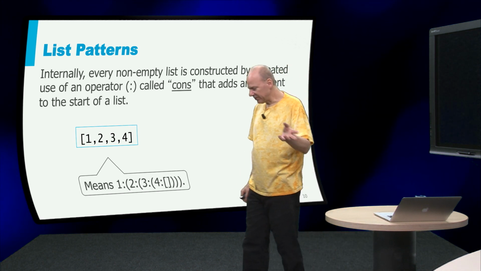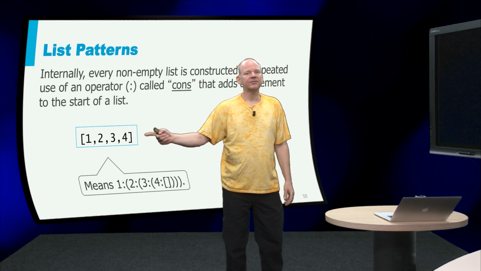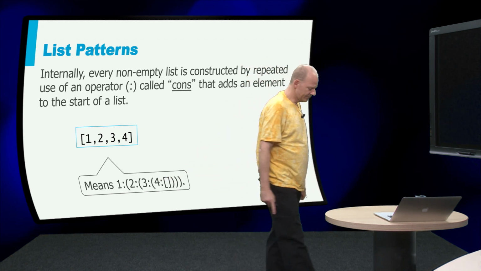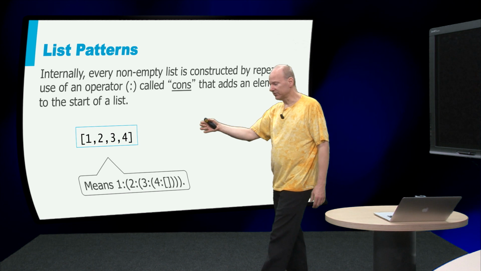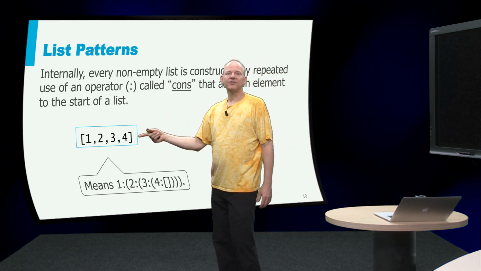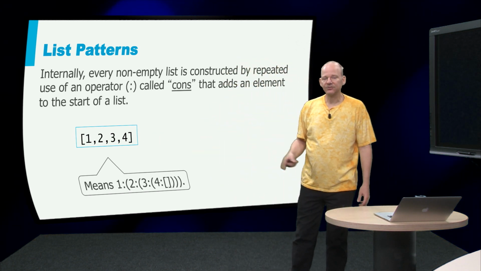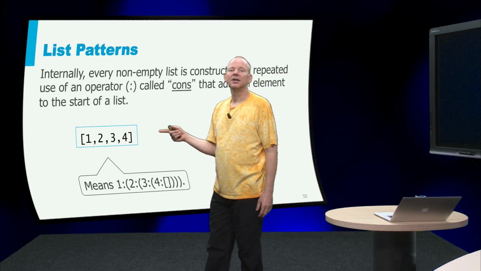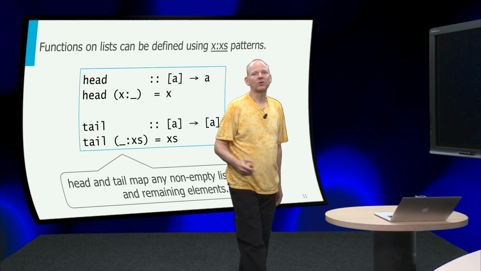One thing that we have seen, we have written lists using these square brackets, and these square brackets really are just syntactic sugar for writing the list using explicit cons and empty list. All right? So when a constant list appears someplace, it will mean this. But inside pattern matching, we often have to write lists in this form.